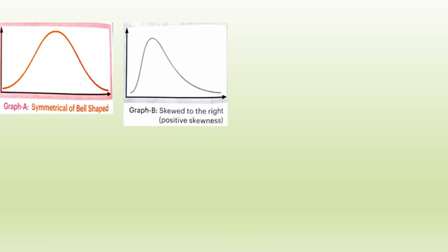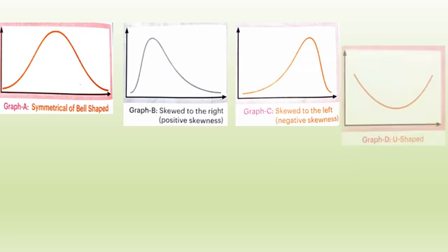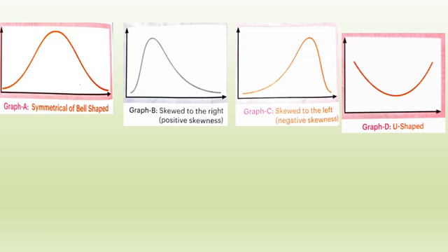So we read about different shapes of frequency curve. The first one is normal curve, or we can say symmetrical or bell shaped curve. The second one is positive skewed curve, that is skewed towards right. The third one is negative skewed curve, that is skewed to the left. The fourth one is U-shaped curve that has two high frequencies in single data.